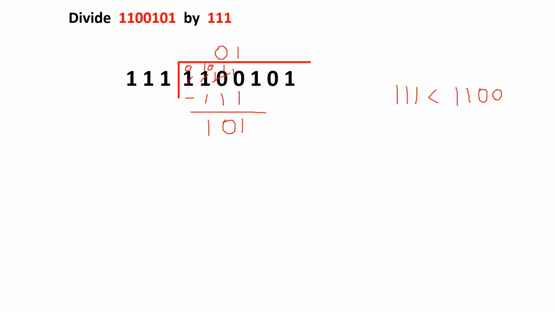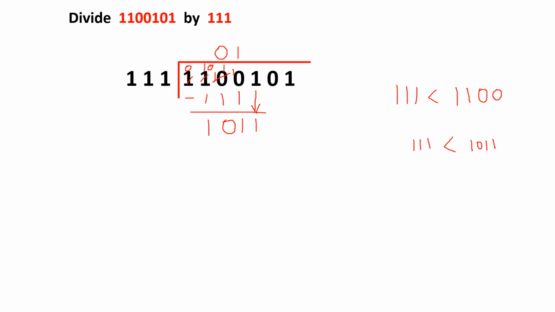Now you can bring this 1 down. So this becomes 1. Now compare the divisor 111 with 1011. So 111 is less than 1011.